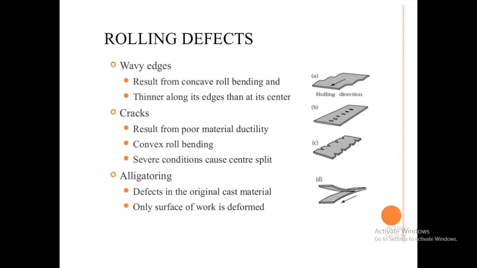If we consider the hot working or hot rolling process, a thick slab, crocodile cracks, or separating of the product into two halves are also defects of this type.